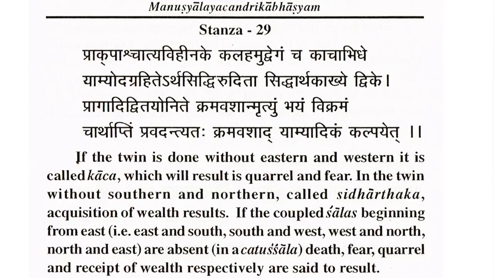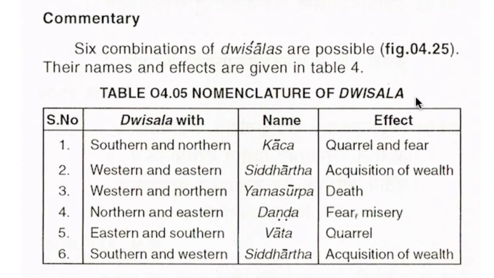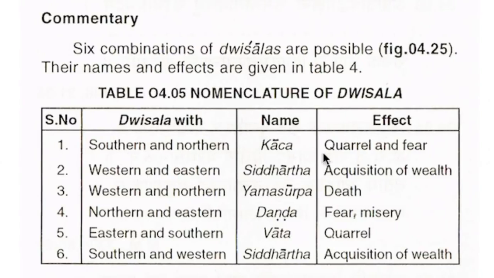And here, for example, in the case of a Dvishala, in table 4.05, it gives the result of different types of Dvishala. Remember, a Dvishala is a two-house construction. If you make only the southern and northern house, then the result will be quarrel and fear.